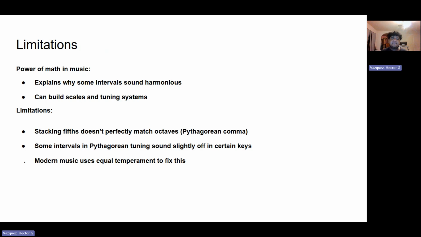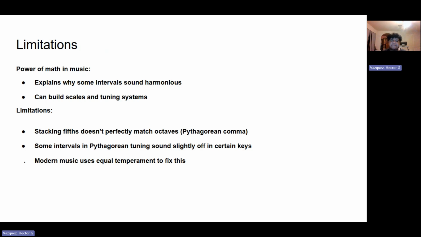These simple ratios explain why these intervals are naturally pleasing to the human ear. Using these ratios, mathematicians and musicians like Pythagoras were able to construct scales and tuning systems entirely from numbers. It shows that math is not just abstract, but has a real audible effect on music.